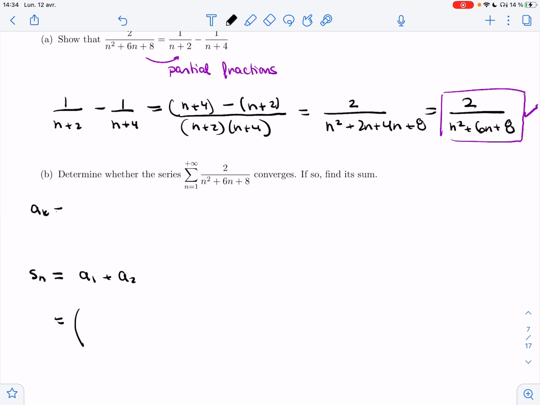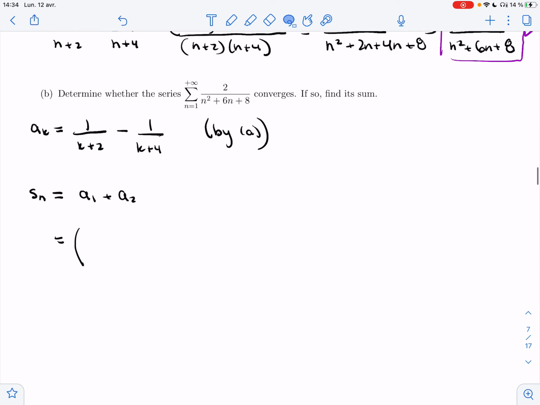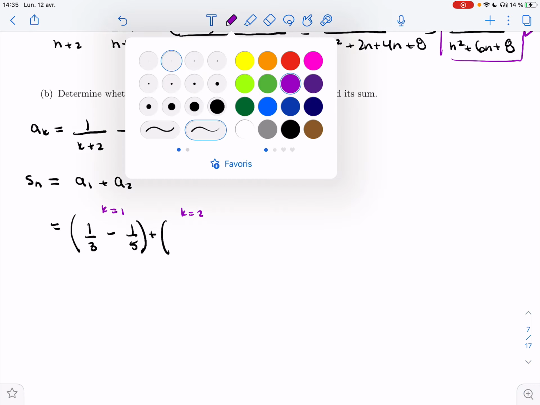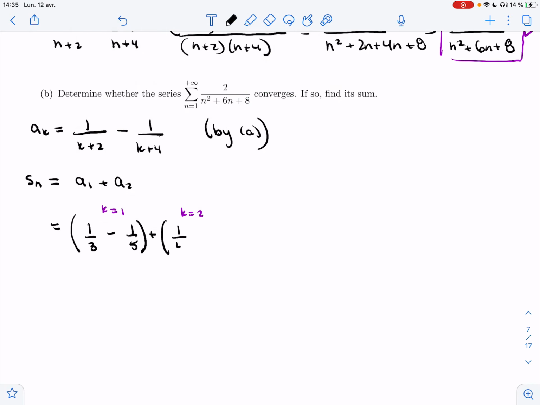I'm going to use A_k is 1 over k plus 2 minus 1 over k plus 4, because we just proved it was the same as what we have. It starts with k equals 1. I get 1/3 minus 1/5. k equals 2, I get 1/4 minus 1/6.